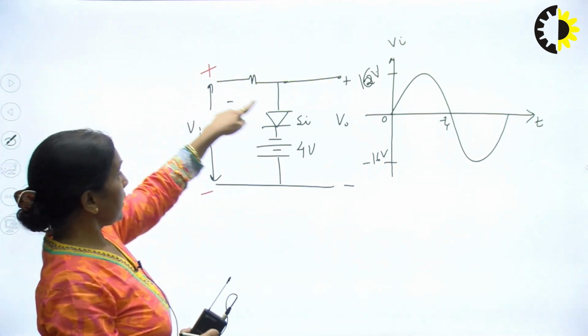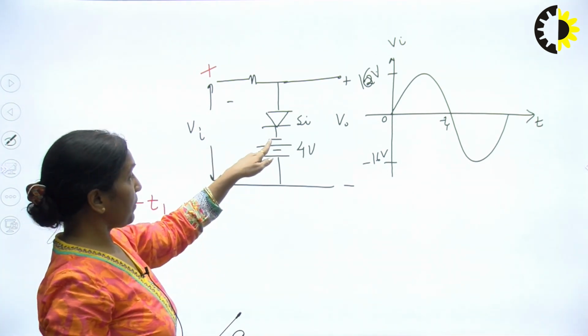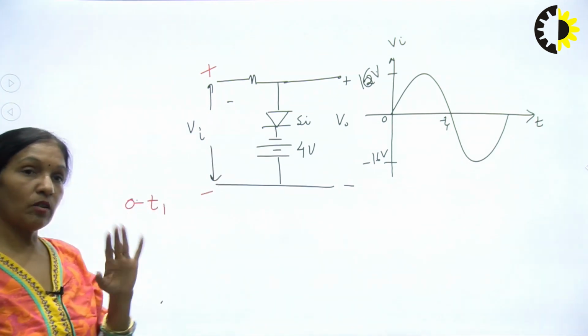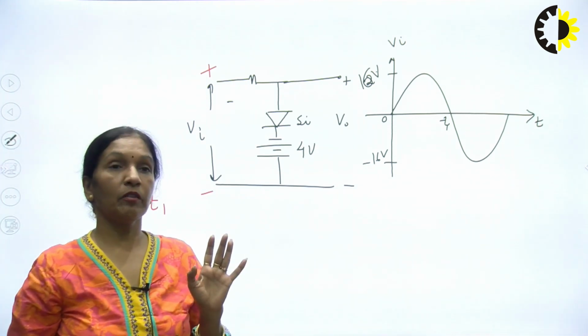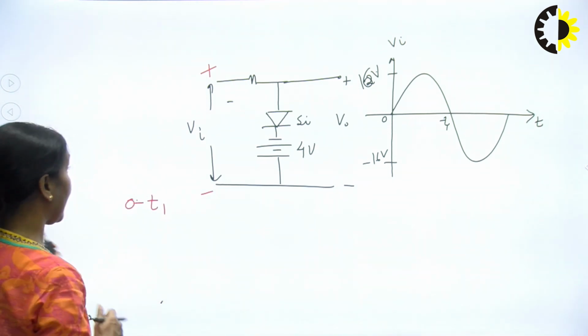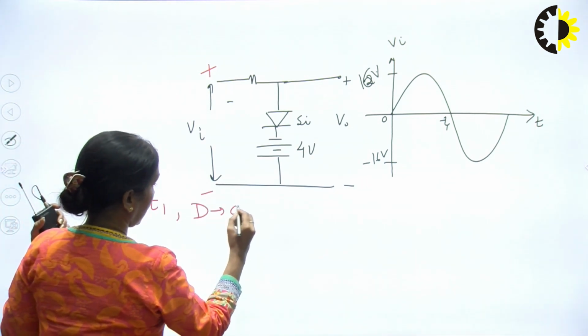So this positive makes our diode forward bias, and this negative will also make our diode forward bias. So during the entire positive half cycle my diode will be in a forward bias state. So I can say the diode is on.